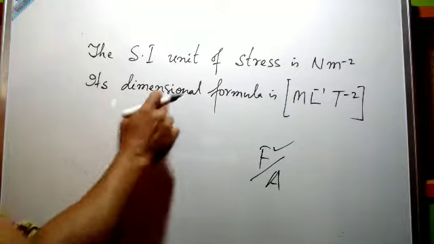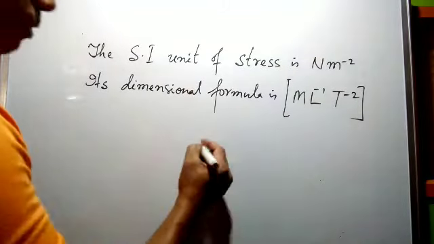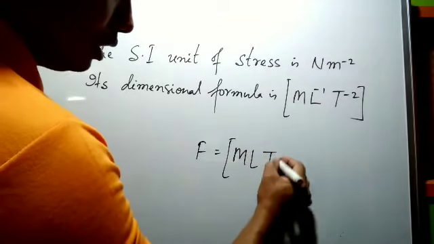Then its dimensional formula is dimensional formula di kamaina pirani force ki dimensional formula di last time we have already discussed MLT minus 2.